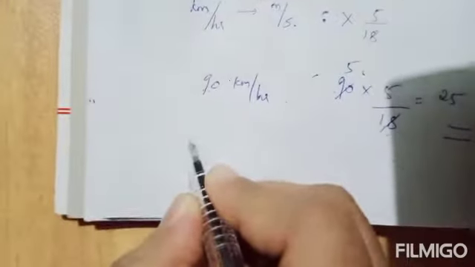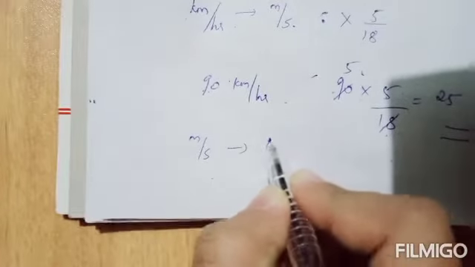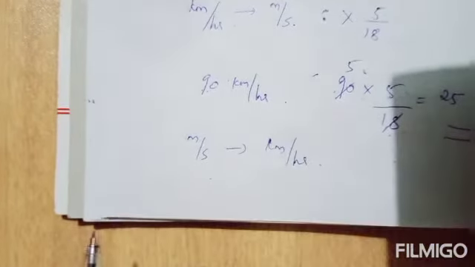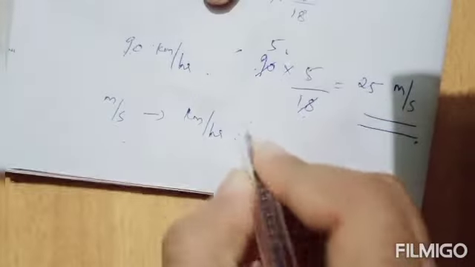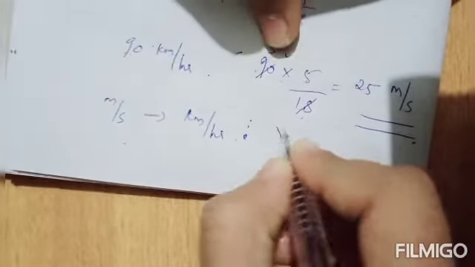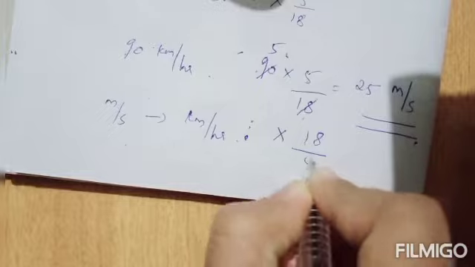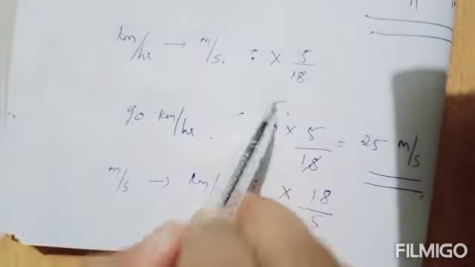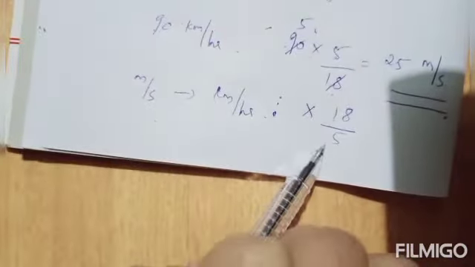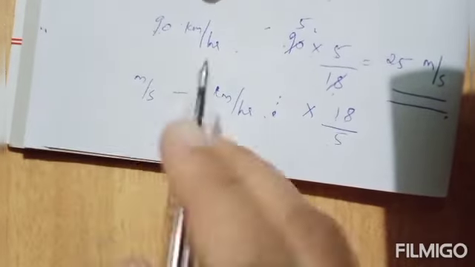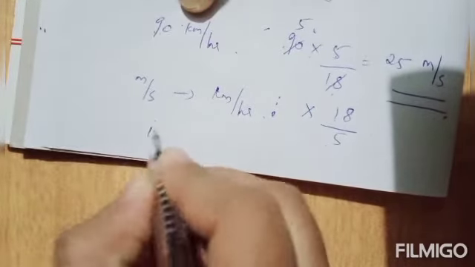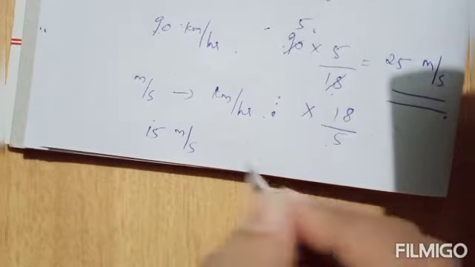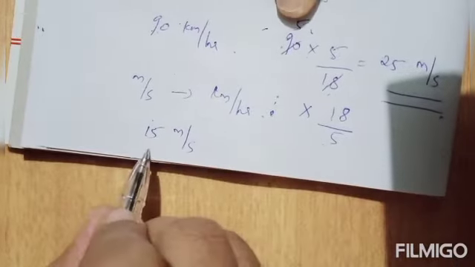Now in order to convert meter per second to kilometer per hour, what to do is just multiply by 18/5, the reciprocal of this. Okay, multiply by 18/5. So if you are converting 15 meter per second to kilometer per hour, let us take one example.